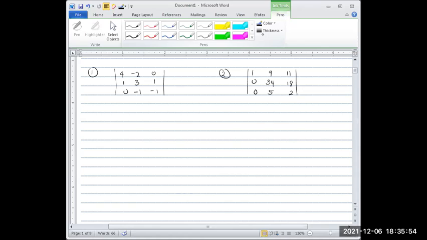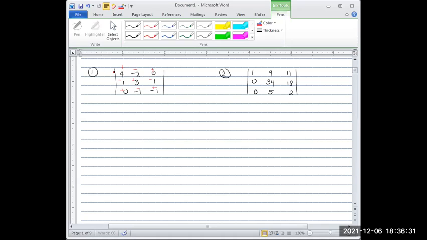Watch me. I'm going to use the first row because Natty used the first row. Before we do the calculation, what are we going to be doing? Put your signs. All right. So my array of signs is very important. I'm going to have plus, minus, plus, minus, plus, minus, plus.